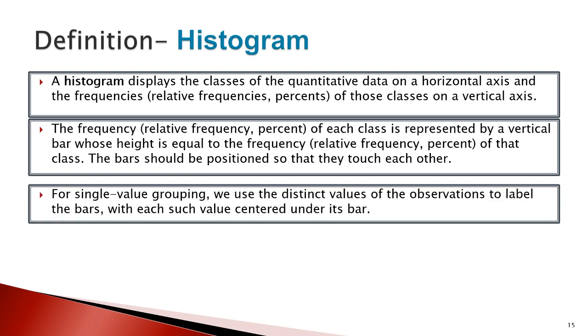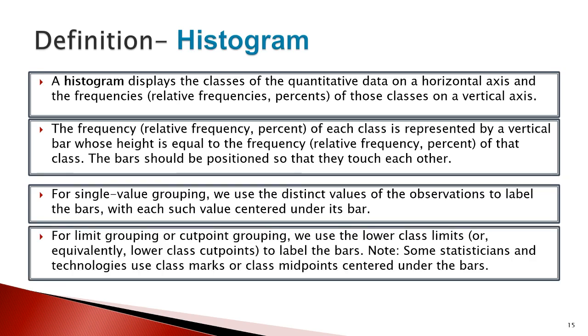If you have used the single value grouping method to group the data, we should label the bars using the distinct values of the observations, and this label should be centered under its bar. That is the convention when drawing a histogram for single value grouping.